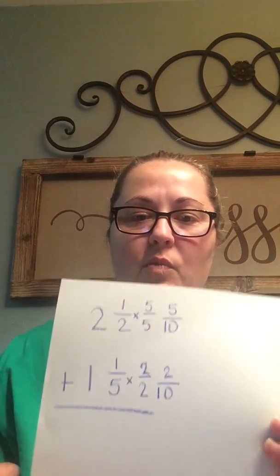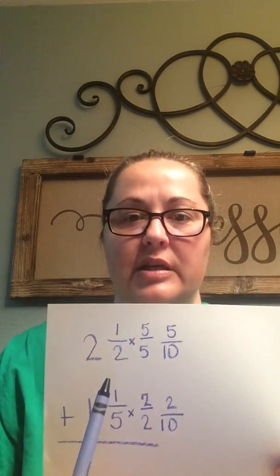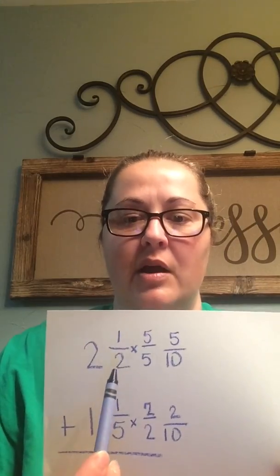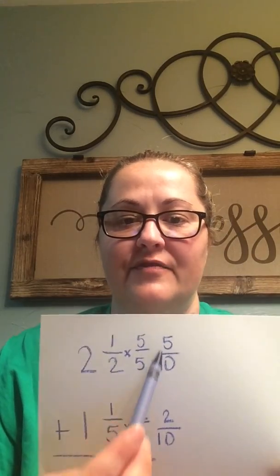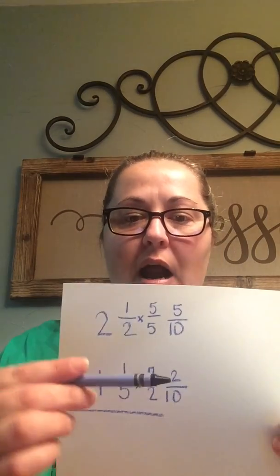So 1 times 5 is 5, and 1 times 2 is 2. Now we end up having what I said, equivalent fractions, fractions that look different but mean the same thing. 1/2 and 5/10 are both half. So we know that we did this right, all right?